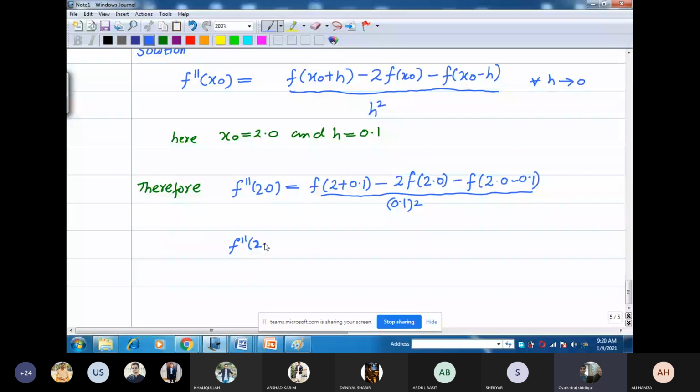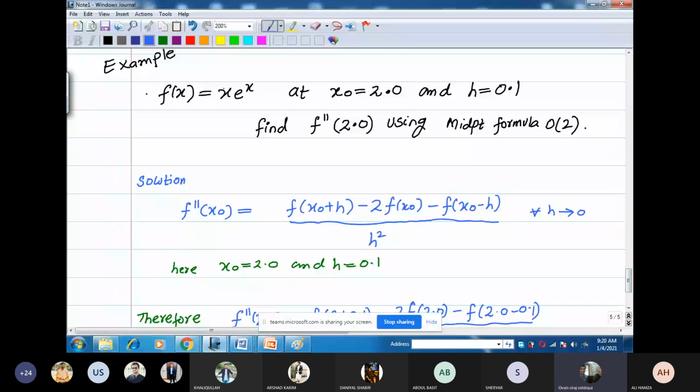So f of 2.1 minus 2 f of 2.0 plus f of 1.9, over 0.1 square, and the function is x e^x.